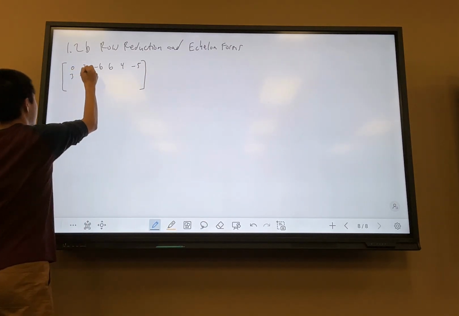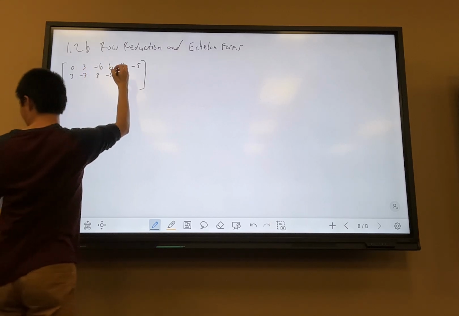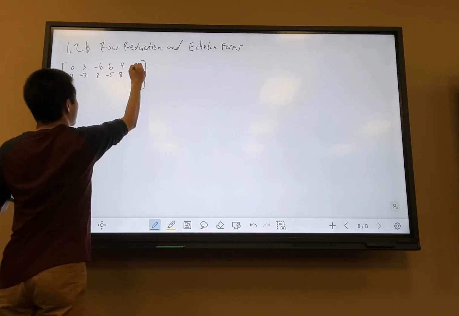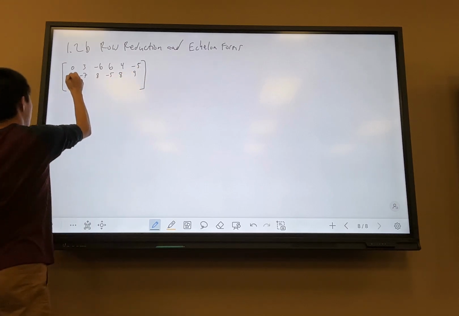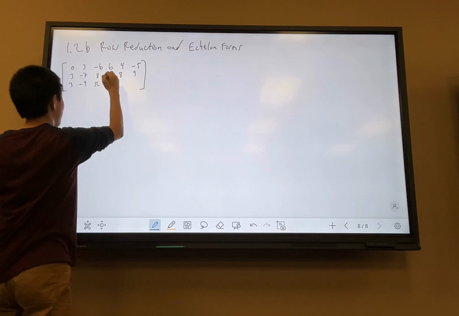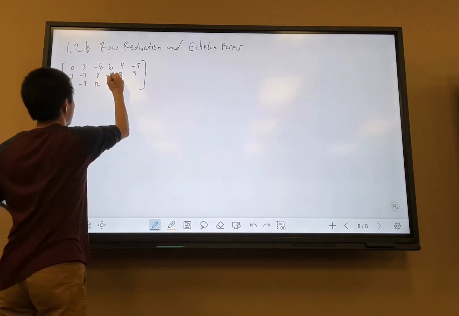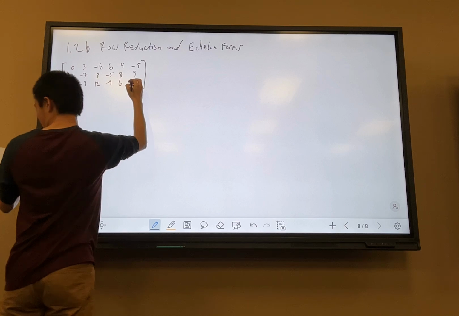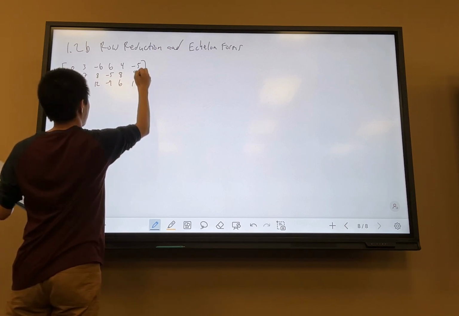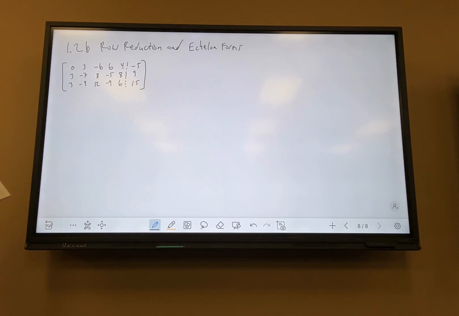Then 3, minus 7, 8, minus 5, 8, 9, and then 3, minus 9, 12, minus 9, 6, and 15. Okay, so this was our augmented matrix. This is what we started with.